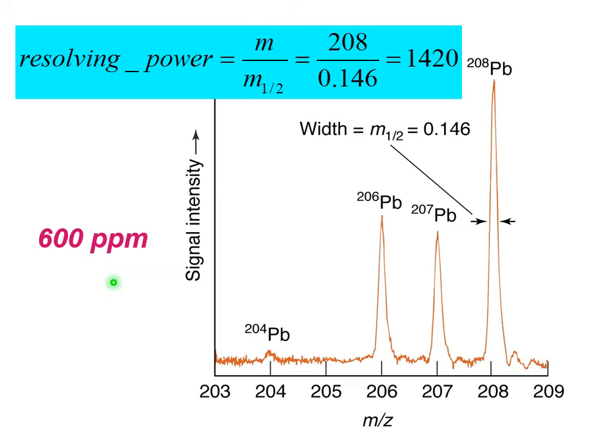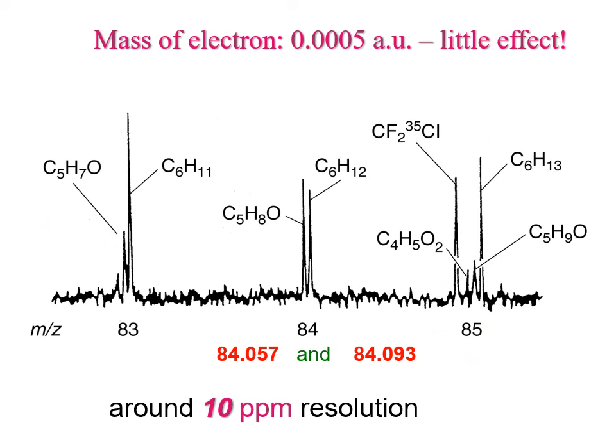Methods that will give you reciprocal numbers of around several hundreds, or resolving power in thousands, we usually say this is a low resolution method. They allow you to see the difference, say, between 207 and 208 with no problem, but not beyond that point.